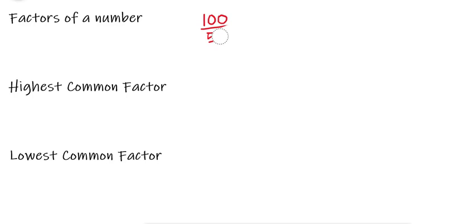And in our previous lesson, remember we looked at prime factors. We looked at prime numbers, and we said that prime numbers are numbers that have no factors other than one and themselves. So when we're looking at factors of a number, we can express numbers that are not prime numbers into prime factors.